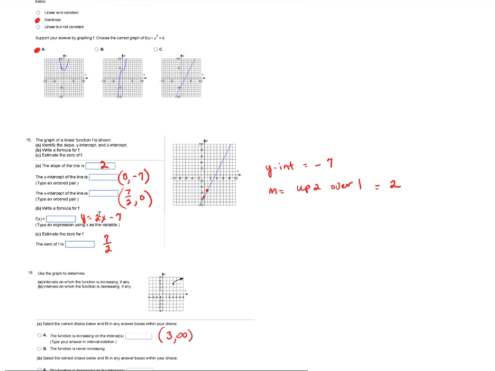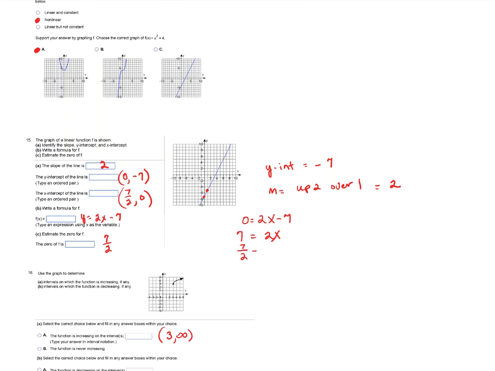If we want to find the x-intercept, that occurs when y is 0. So we're gonna write that out. We're gonna have 0 equals 2x minus 7. I'm gonna add 7 to the other side, and I have 7 equals 2x. And then I'm going to divide by the 2, and I have 7 halves equals x.